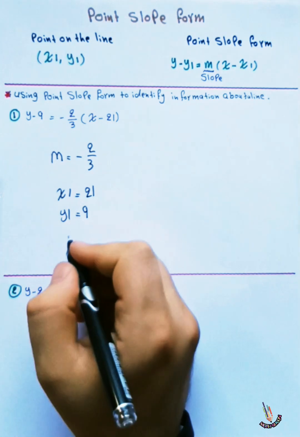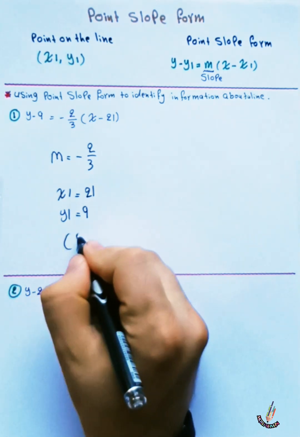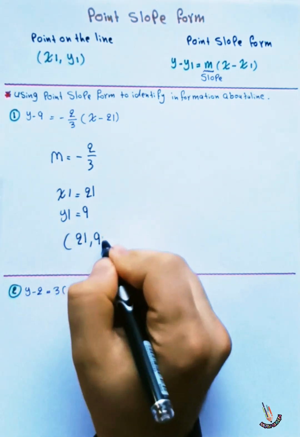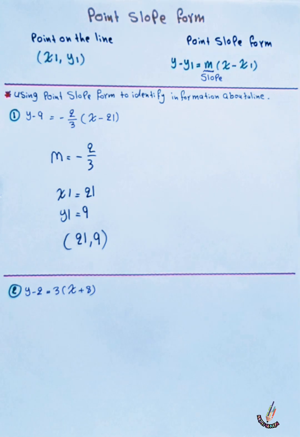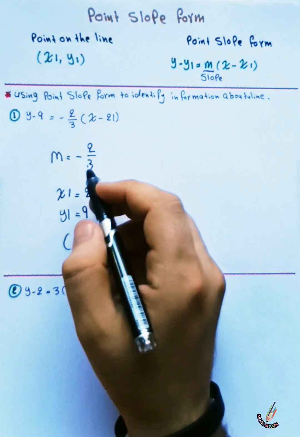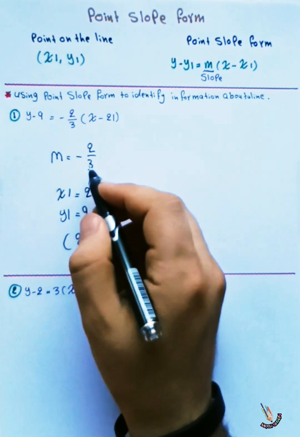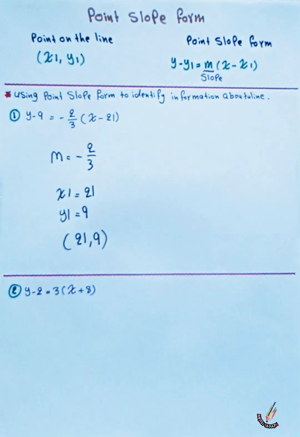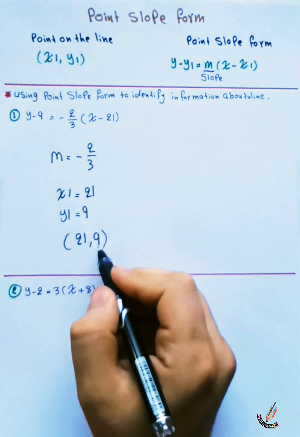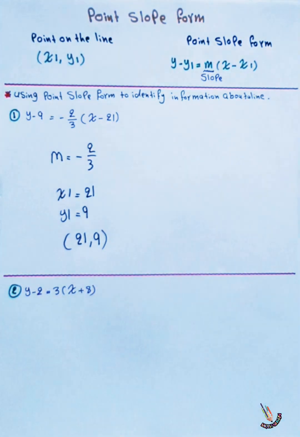So the point on the line is (21, 9). So the line defined by y minus 9 equal to negative 2 out of 3, x minus 21 has slope negative 2 out of 3 and passes through the point (21, 9).